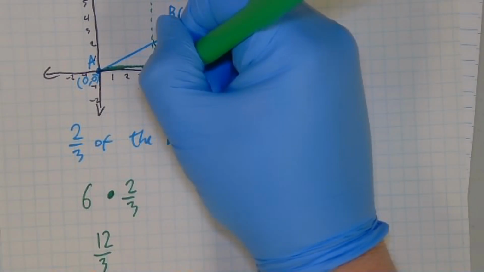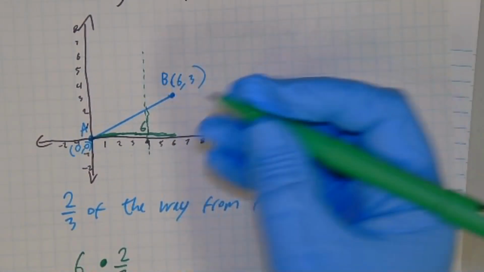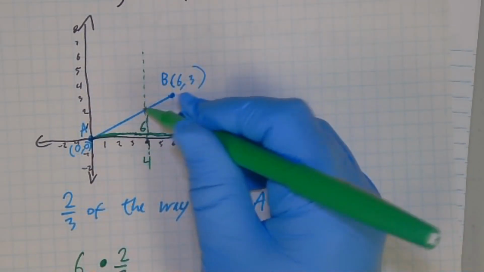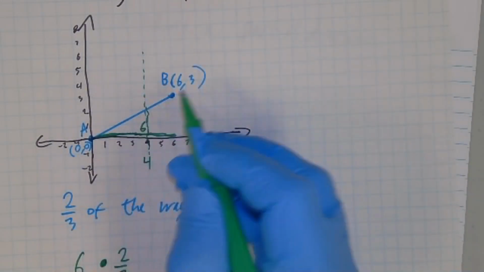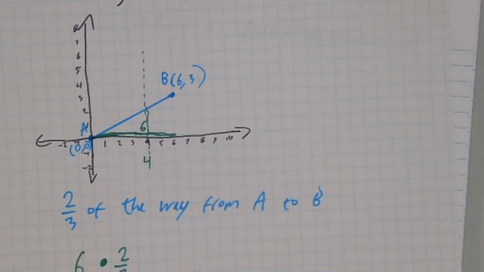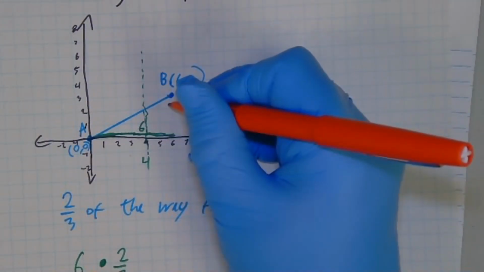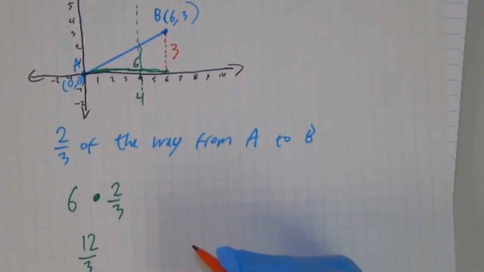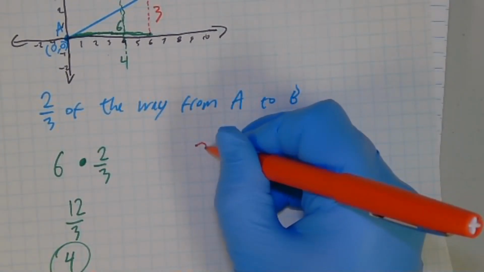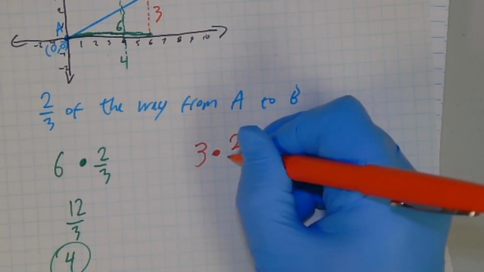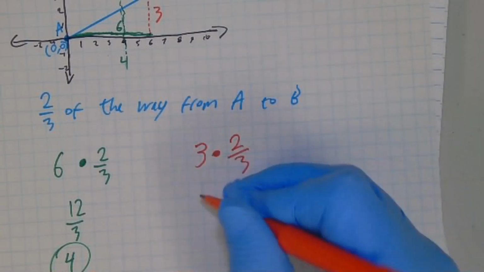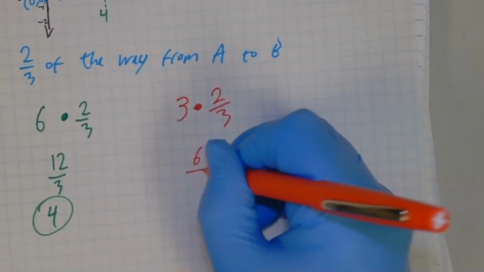So this green line I'm doing here at 4 is where I'm going to have my x coordinate. And visually I can now see where my y coordinate will be. But if I maybe didn't draw this perfectly, I should still find that mathematically. So let's look at that with the y coordinate. So my y coordinate goes up 3. So I need to find out what is 2/3 of 3 to find out how long that distance is going to be vertically. 3 times 2/3, that would be 6/3.